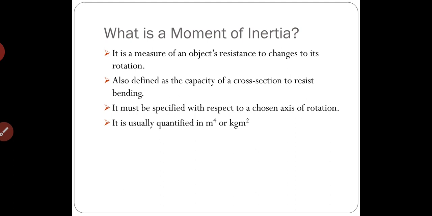That we will be dealing with more when we take up numerical problems and derivations for various cross sections in the coming lectures 2 and 3. It must be specified with respect to the chosen axis of rotation. It is quantified in the units of meter to the power 4 for section moment of inertia and kg meter square for the mass moment of inertia.